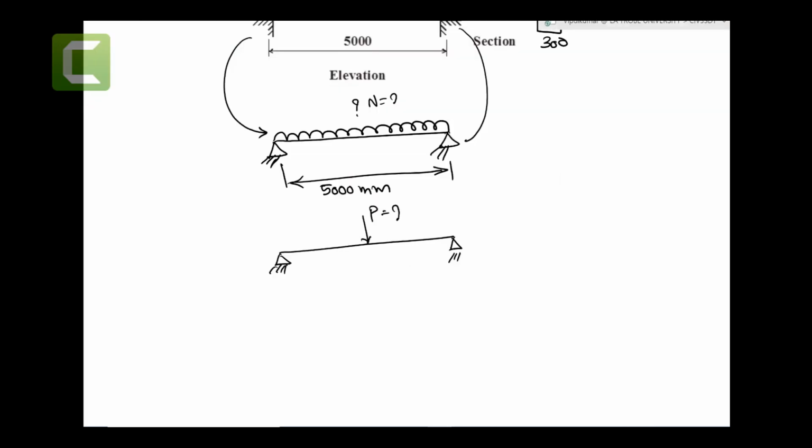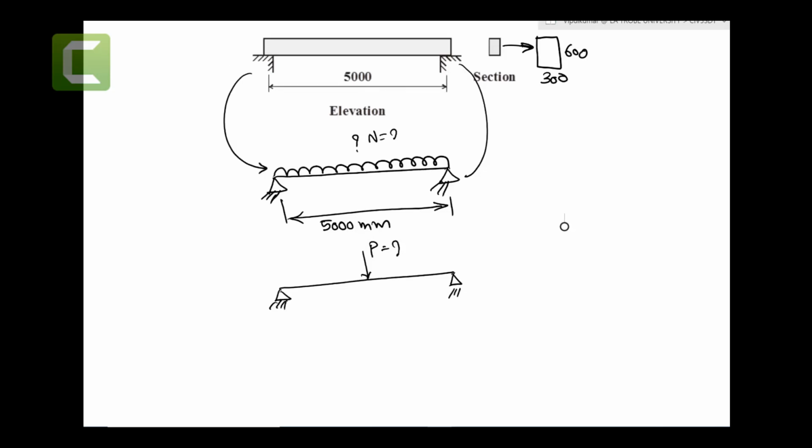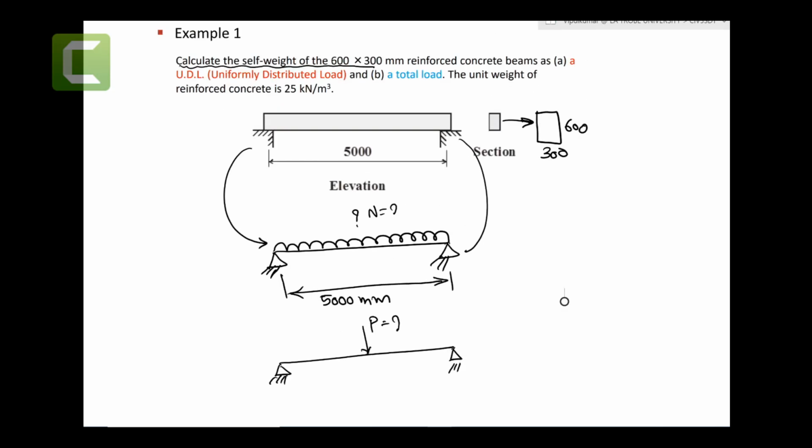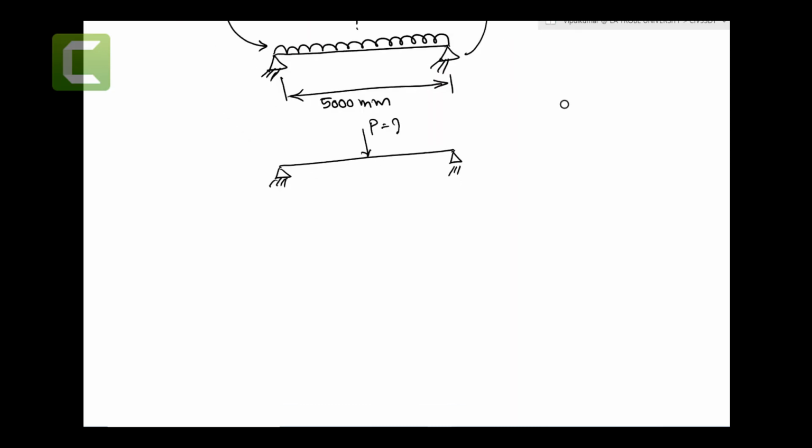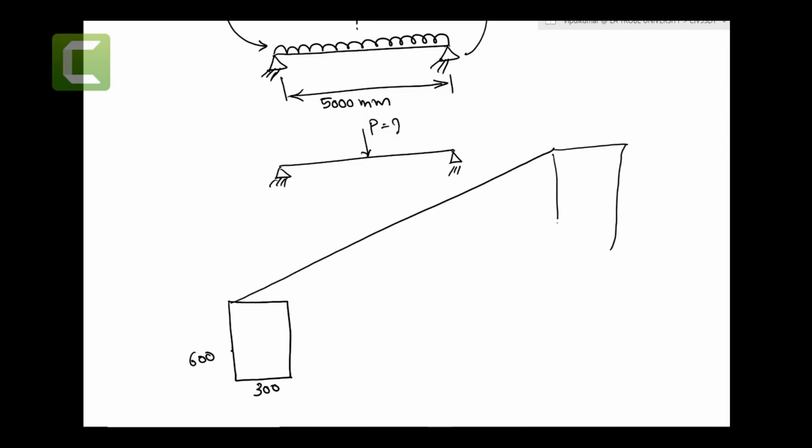Now, basically there is only one equation or 2 equations that we need to go through. Let me draw this beam with you. So this is 300 by 600 millimeters, in 3D. I hope you can imagine this with me as well.